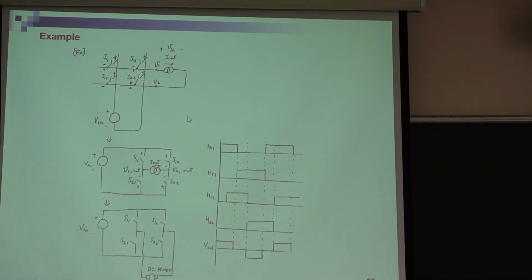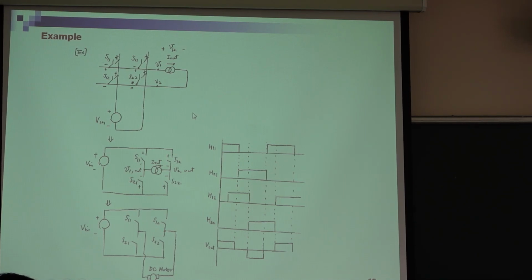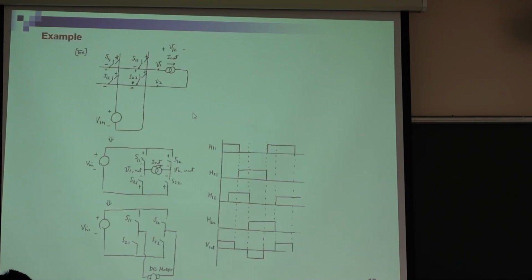So now we want to analyze this circuit. So how can we analyze this circuit? First, what is the output? The V1 output is H11 Vin plus H21 0. So if you check this figure here, what is V1?